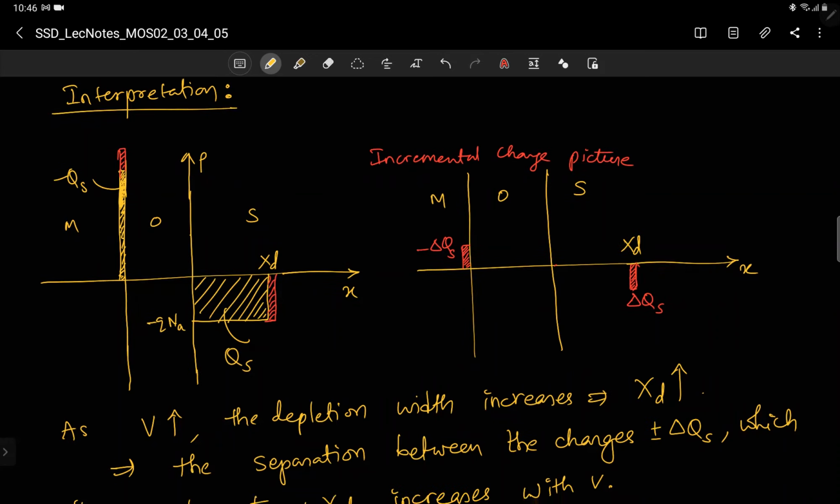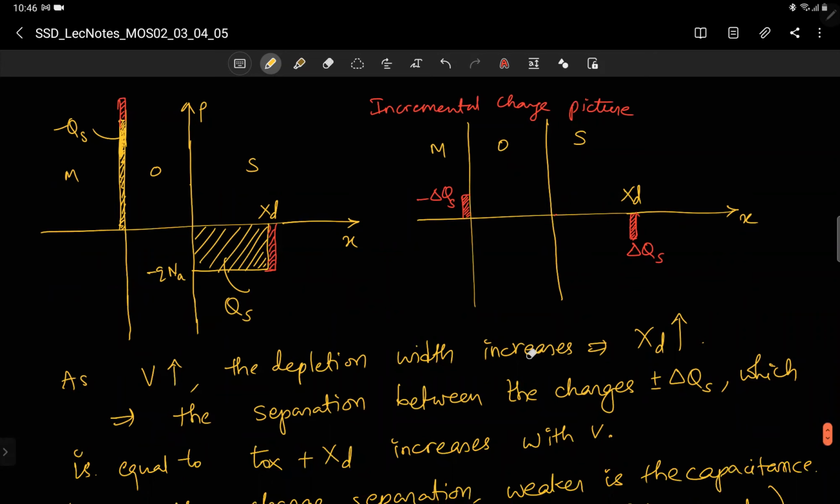Now as V increases, the depletion width increases. Now this is for a particular V. If I have another V, let us say the depletion edge will be here. And from there, if I put delta V, then it will increase to here. So the change in charge happens at a larger distance. This is XD1, say, this is XD2.